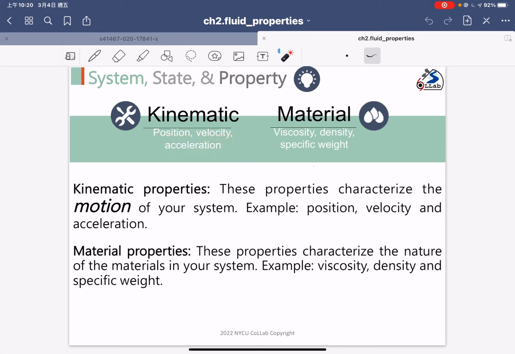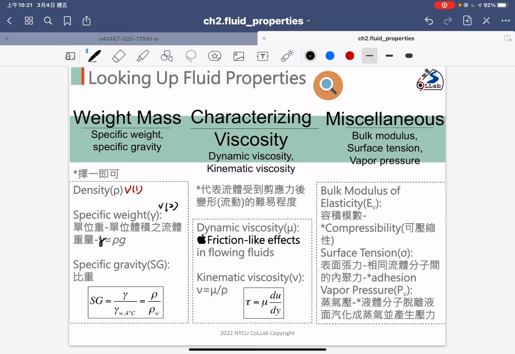The first one is the density, and the second one is the specific weight. As I mentioned, the specific weight is gamma and equal to rho g. So we have the density multiplied by the gravity constant, so we can have gamma, the specific weight.